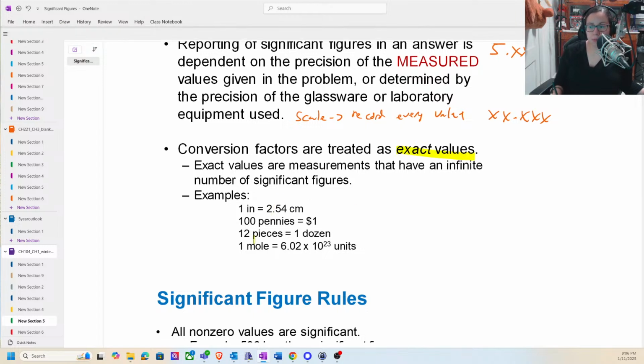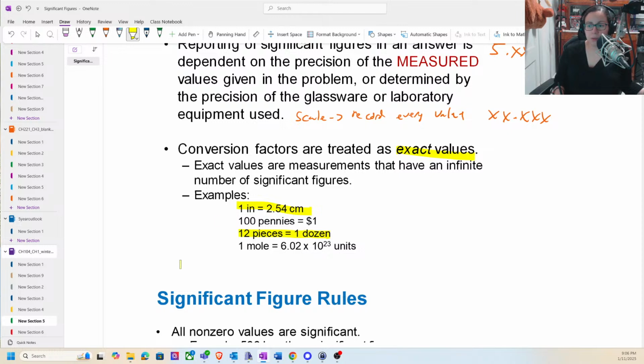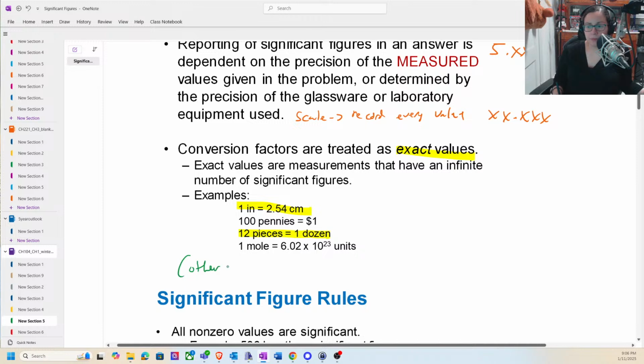Those would be relationships such as there are 12 pieces in a dozen, or these conversion factors. So 1 inch is 2.54 centimeters. So don't include those. Other exceptions would be discrete values that you can count.